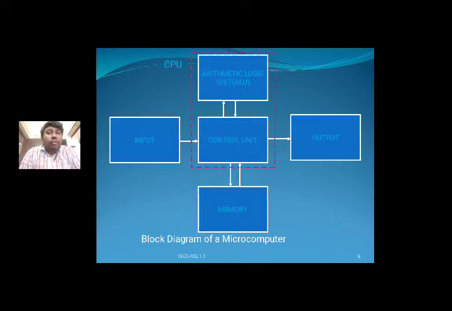And here if you want to observe the block diagram of the microcomputer, it has the arithmetic logic unit and control unit, both combined we call the CPU, the central processing unit. The major blocks available in the microcomputer are the CPU, input unit, output unit and memory unit.